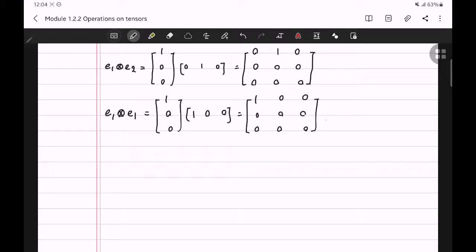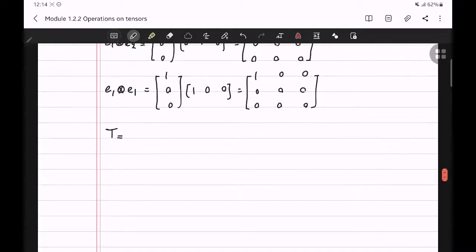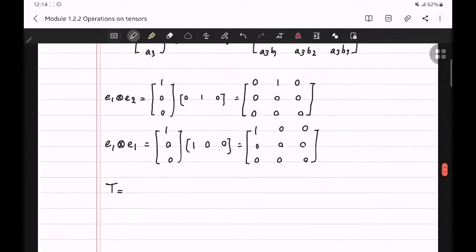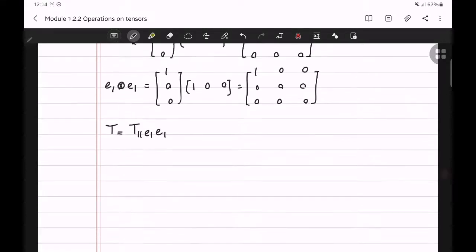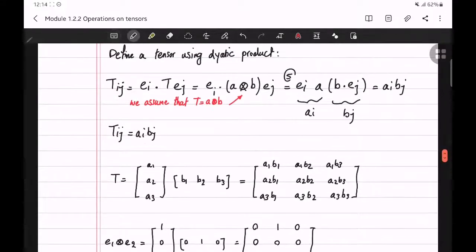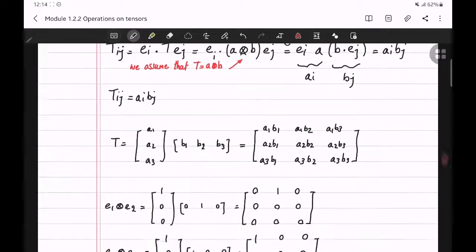And so now we can define the tensor T, since we brought this dyadic product here, as, for example, T11 E1 dyad E1, because we already proved that it is the dyadic of two vectors.